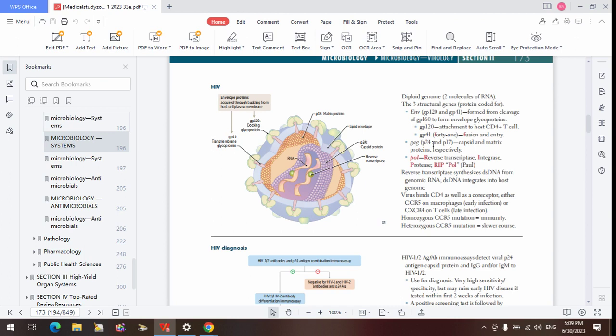Do you get it? That is the reason for this statement. They said envelope proteins are acquired through budding from the host cell membrane. That is the principle. Now, they have destroyed that cell. They don't stay. They go to infect another one.